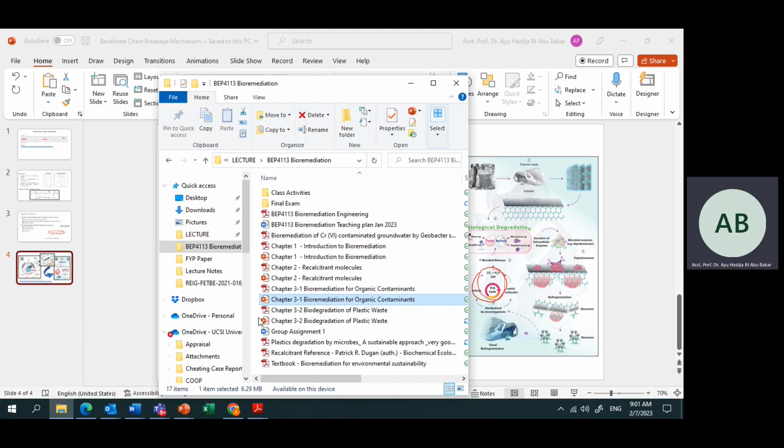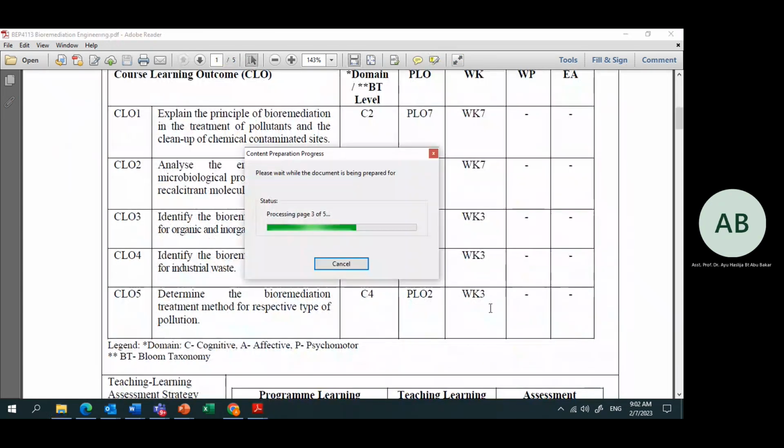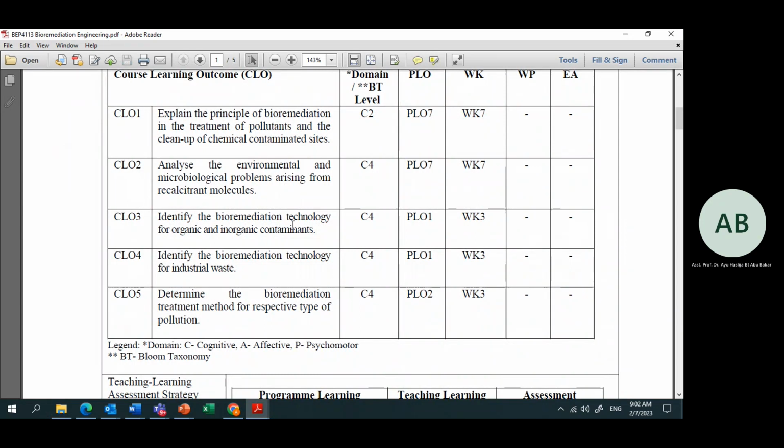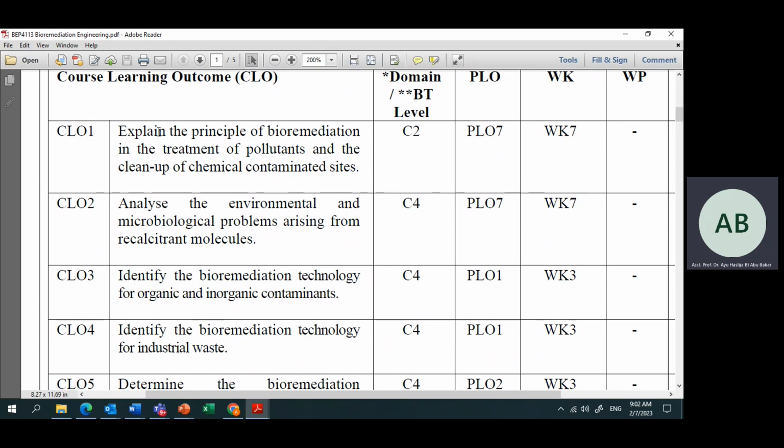Okay, let me check the CLO again on what is covered. CLO1 asks you should be able to explain the principle of bioremediation in treatment of pollutants and the cleanup of chemically contaminated sites.